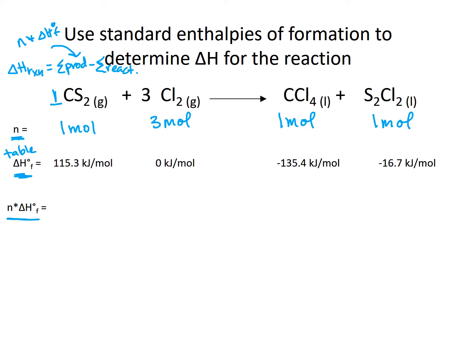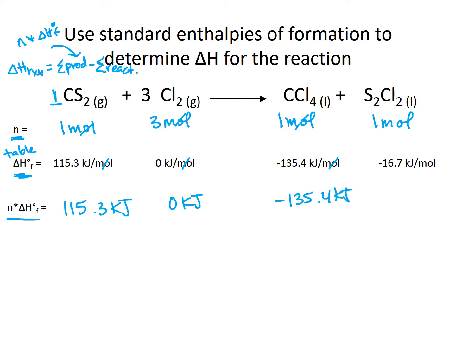Next, I take this value, n times delta H naught of formation. So I'm multiplying these two together. So when I take 1 mole and multiply it by 115.3 kilojoules per mole, the moles cancel, and I'm left with 115.3 kilojoules. Next, I take 3 moles and multiply it by 0 kilojoules per mole. Moles cancel, and I'm left with 0 kilojoules. 1 mole times negative 135.4 kilojoules gives me negative 135.4 kilojoules.